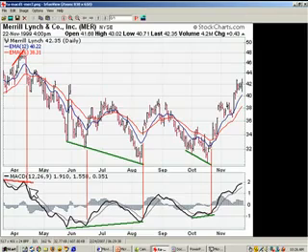The histogram is positive when the MACD is above its 9-day EMA. So in this case, here's where the MACD has crossed over and it's above the 9-day. The histogram goes positive at that point. And the histogram goes negative when the MACD is below the 9-day EMA.